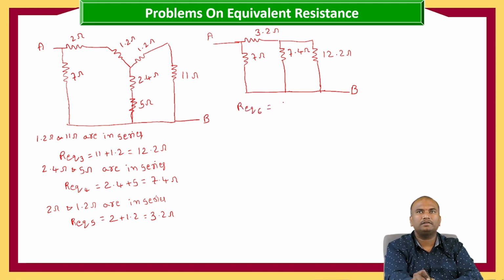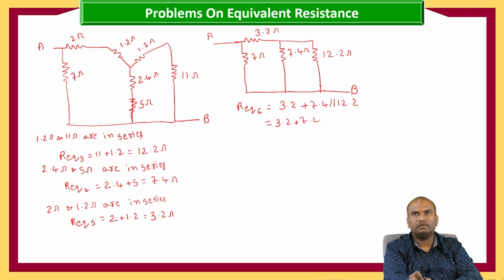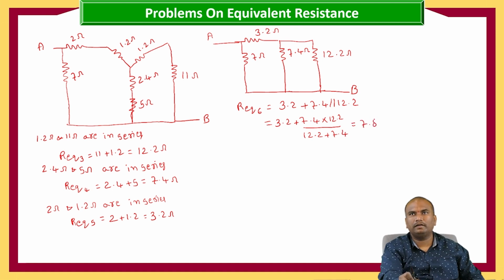Here I am doing two steps in one step, that is 3.2 plus 7.4 is in parallel with 12.2, which is equals to 3.2 plus 7.4 into 12.2 by 12.2 plus 7.4, which is 7.806 ohms.